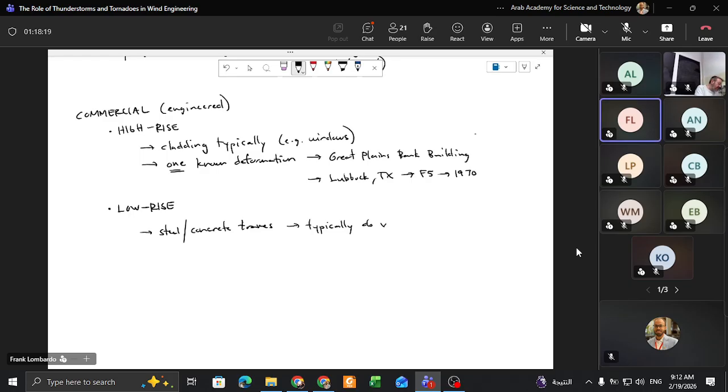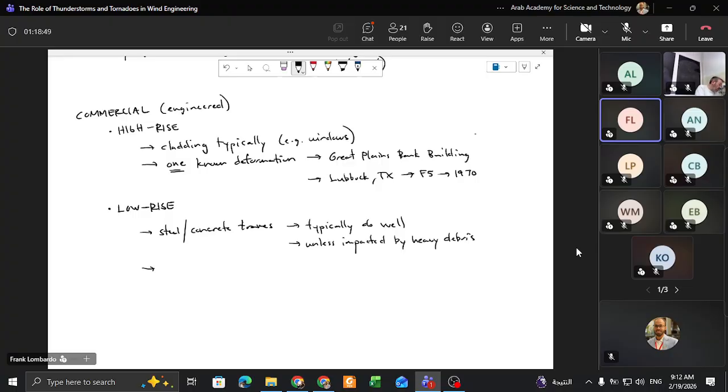At least the structural system typically does well in tornadoes, unless impacted by heavy debris. Okay, and you may see that especially in the most intense tornadoes where you have, and we saw in the video yesterday, where you have like cars flying around, okay, really heavy debris, okay, that can impact the actual structural systems of these things.